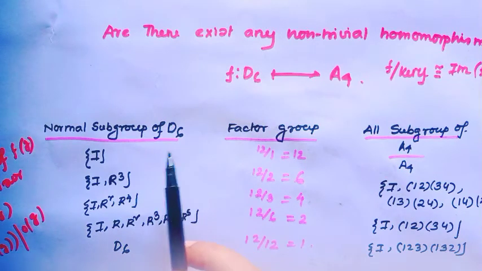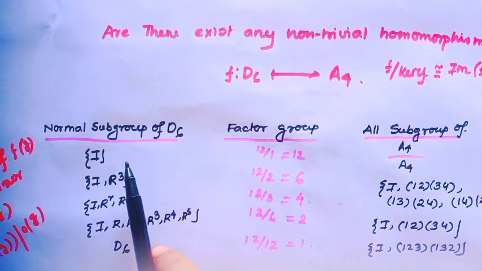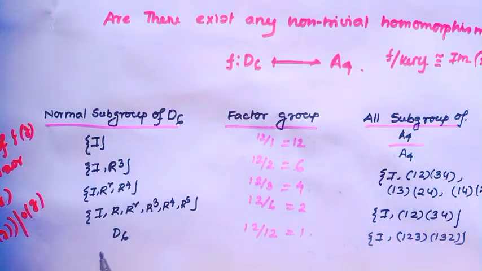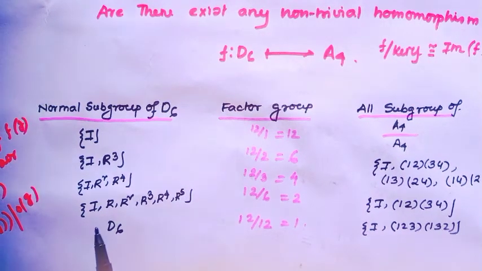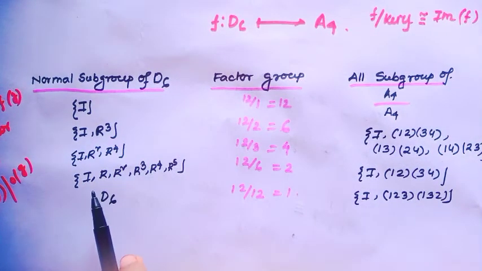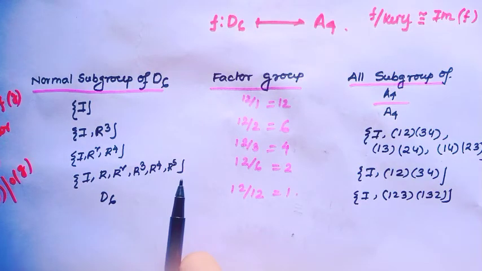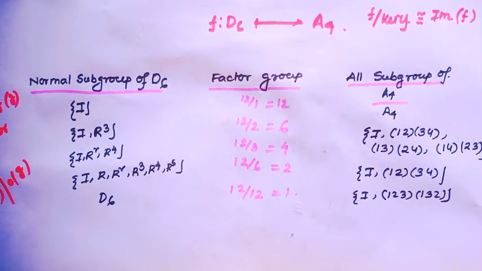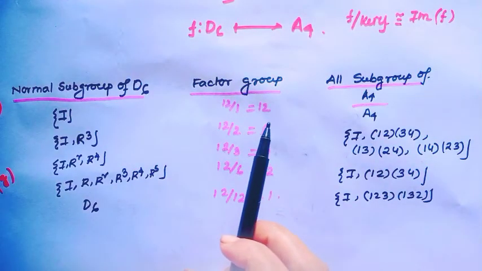So the normal subgroups of D6 are: the set containing identity; the set containing identity and r cube; another normal subgroup, the set containing identity, r square, r to the power 4; another, the set containing identity, r square, r cube, r to the power 4, r to the power 5; and another is D6.